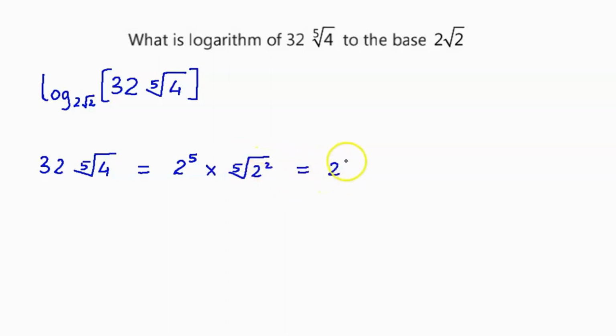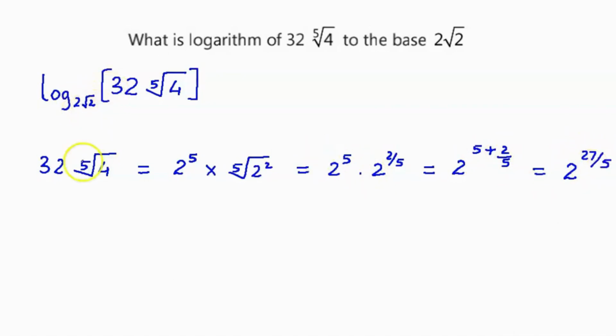Further this could be written as 2 raised to 5 into 2 raised to 2 by 5. So we have converted it into index form and now we add these powers using laws of indices. So 2 raised to 5 plus 2 by 5. So this becomes 2 raised to 5 5s are 25 plus 2. So that is 27 by 5.